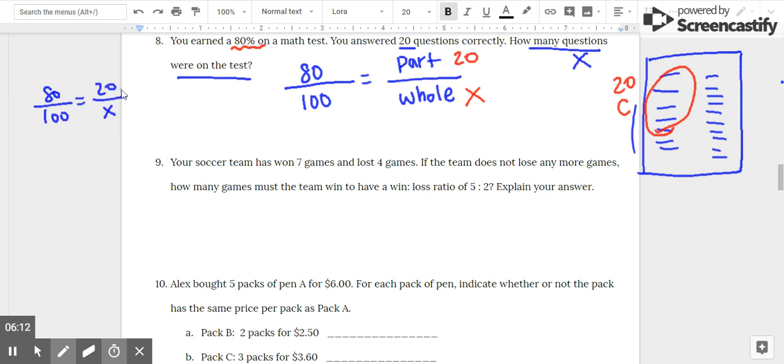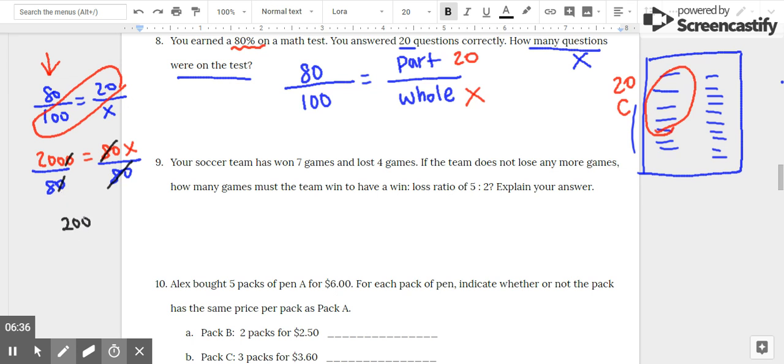Okay, and I'm going to do the cross multiplication to find X. 20 times 100 equals 80x. If you want to simplify first and then do cross multiplication, absolutely fine. And divide by 80, and I'm going to divide by 10 first.